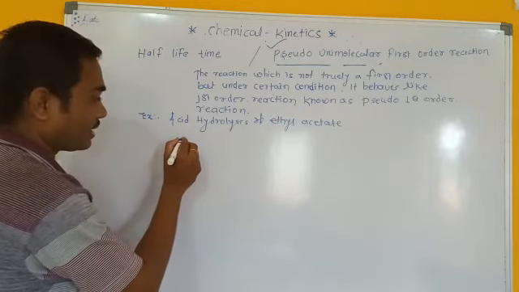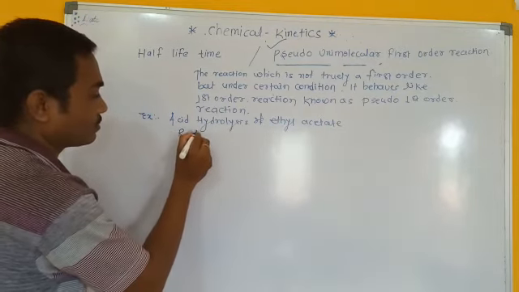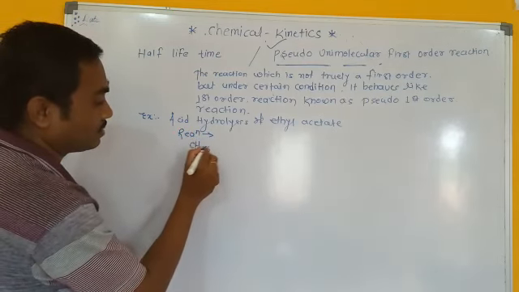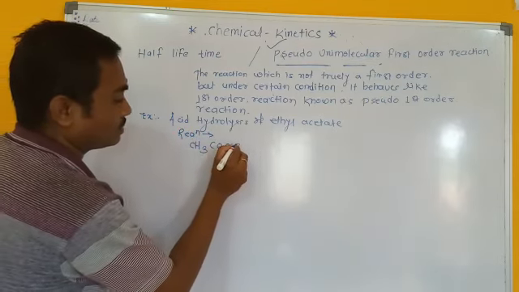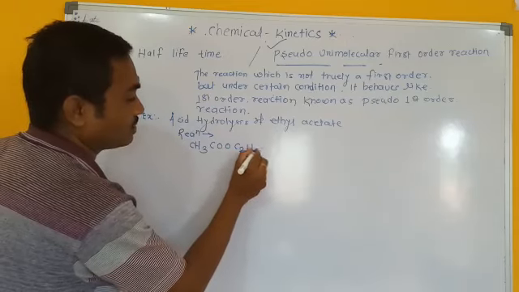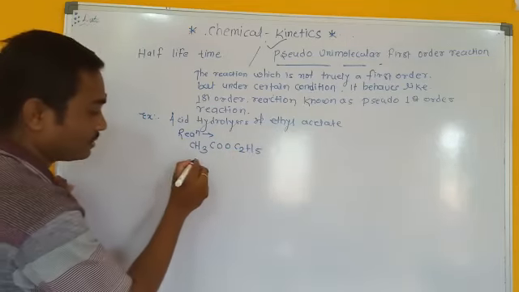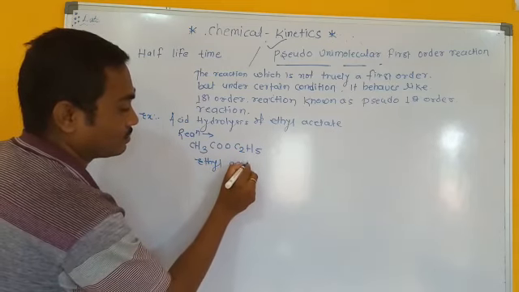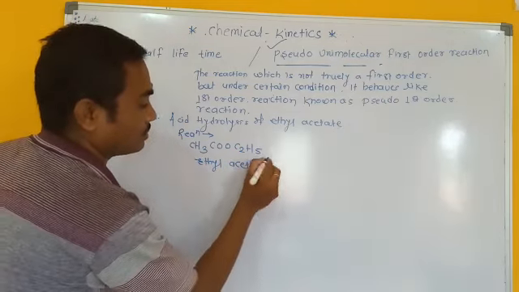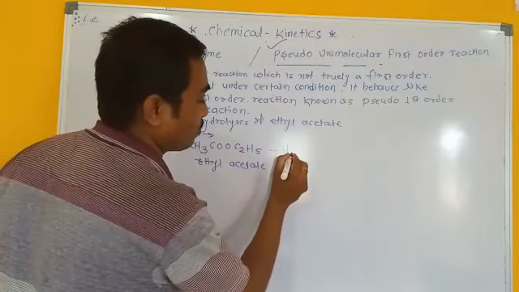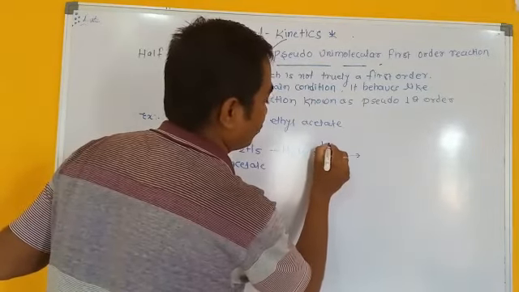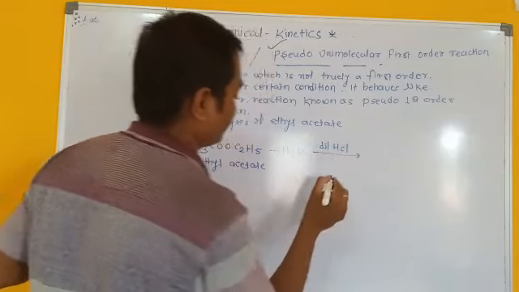Here we take the reaction CH3COOC2H5, the molecular formula for ethyl acetate, plus H2O in the presence of dilute HCl.